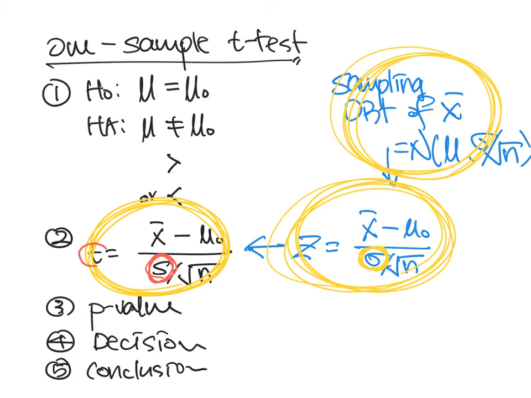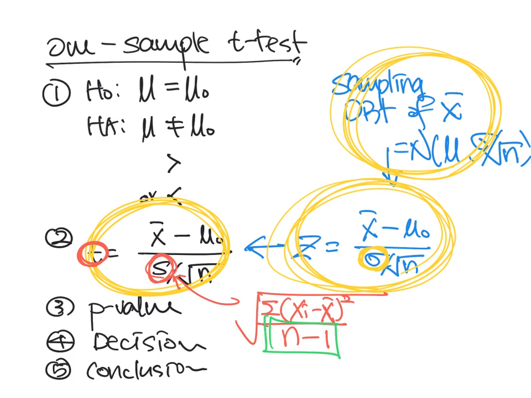So now we have a t-distribution with degrees of freedom n-1, because the sample standard deviation was defined as the square root of, take the difference, square, summation, divided by n-1. Because the n-1, it was the degree of freedom.